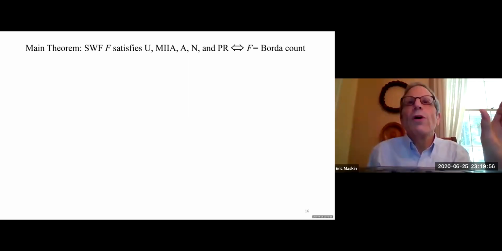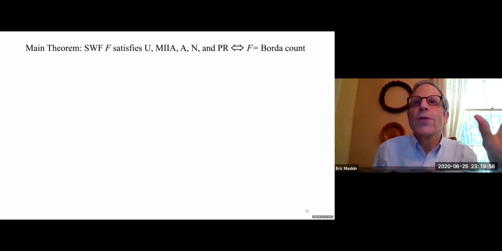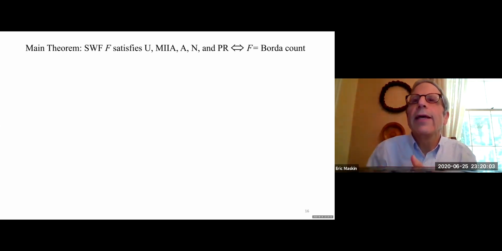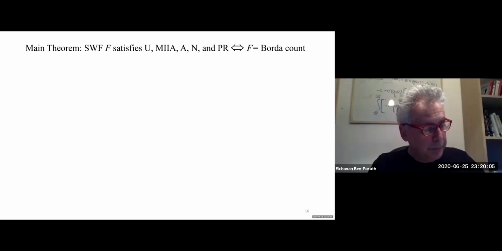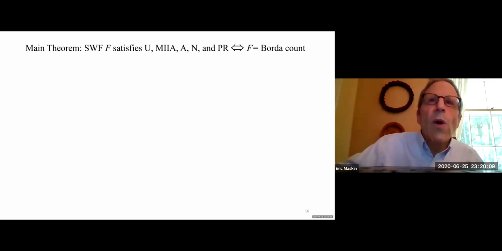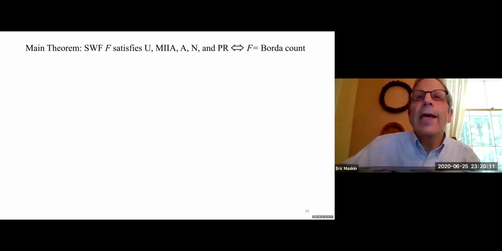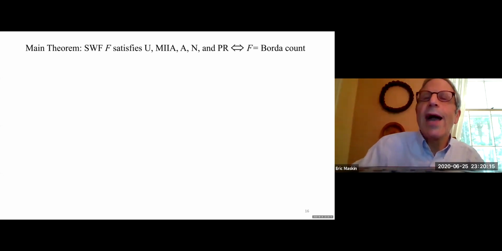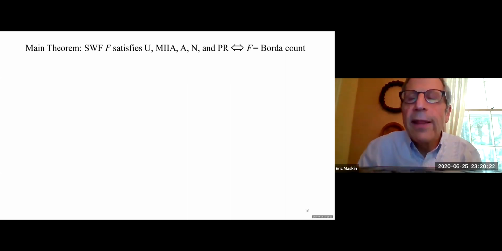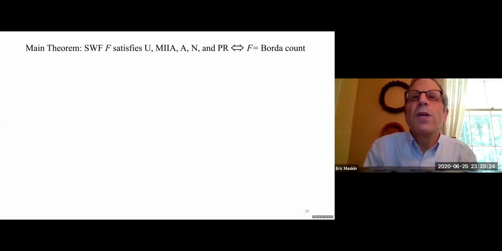If a social welfare function satisfies the May axioms, anonymity, neutrality, plus positive responsiveness, plus the Arrow axioms, unrestricted domain, modified IIA, so it's not exactly Arrow, it's a weaker form of Arrow, then the social welfare function must be the Borda count.